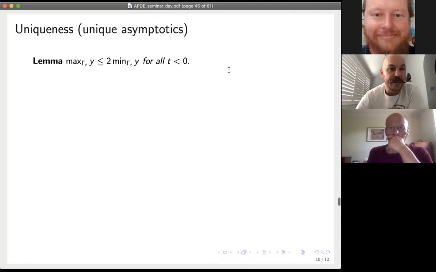The final step, pretty much, is to get some unique asymptotics for the solution, and then uniqueness will follow quite easily. The first lemma we need is a Harnack type inequality for the height function. If you think of y as a function of x, graphically, then at each time t you have this Harnack type estimate for the height.